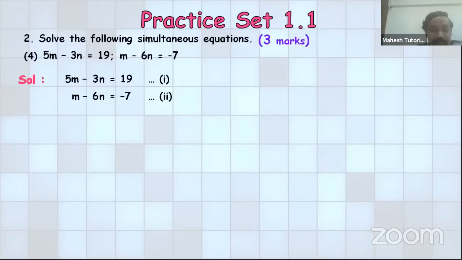Now students, I have selected M, so my whole focus would be on the alphabet M. Now, what I'll be doing is I'll make the coefficients of M in both the equations equal. Now tell me, in equation 1, what is the coefficient of M? Perfect. The coefficient of M is 5.